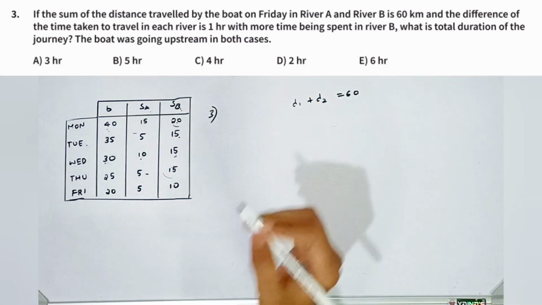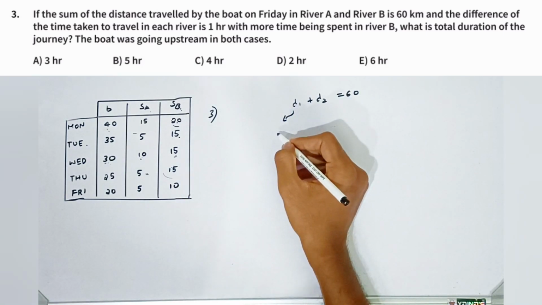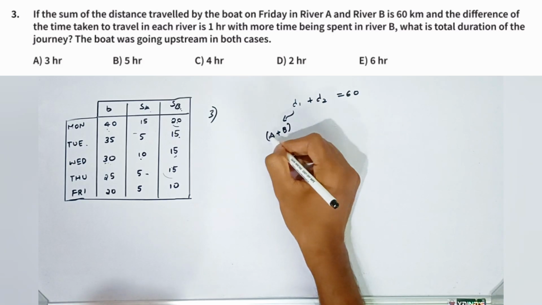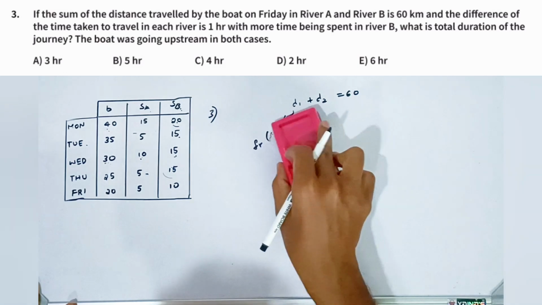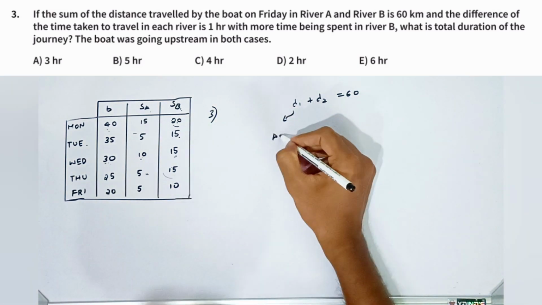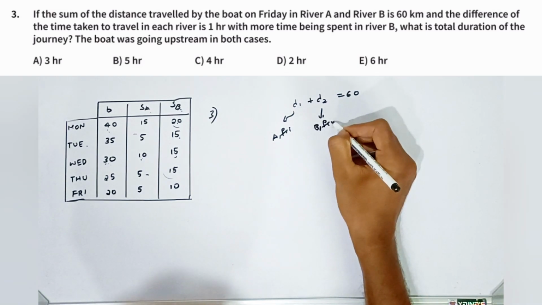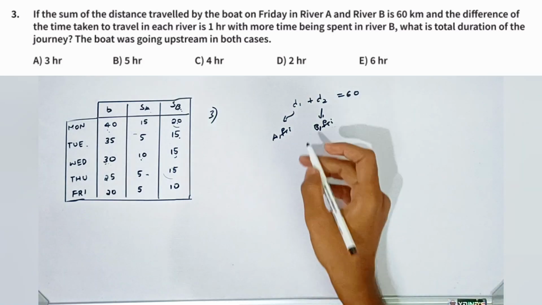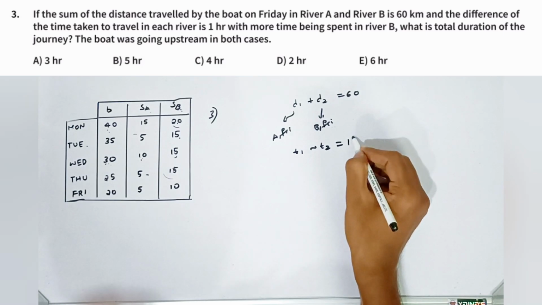D1 is nothing but river A on Friday, and D2 is river B on Friday. Okay, and the difference between the time taken to travel in each river, this is nothing but T1 and T2, the difference is nothing but 1 hour.